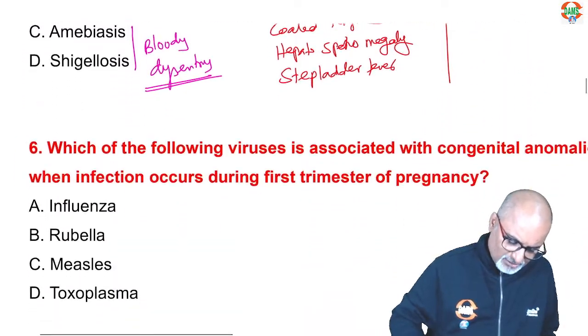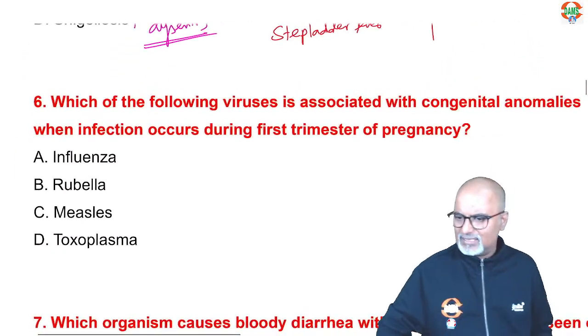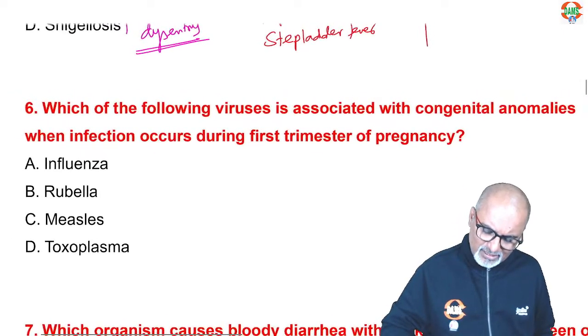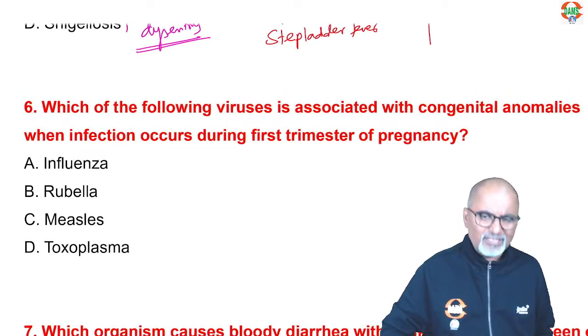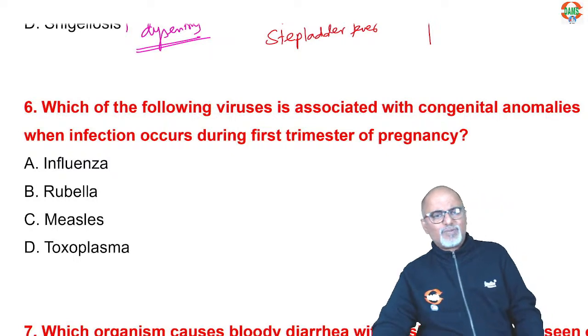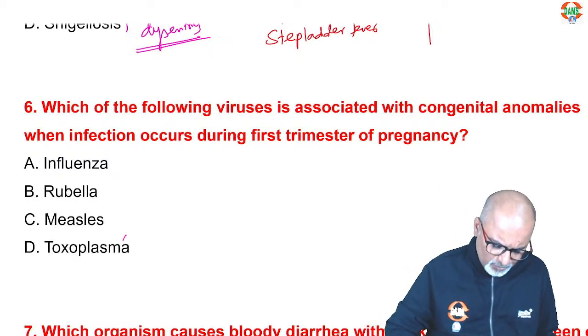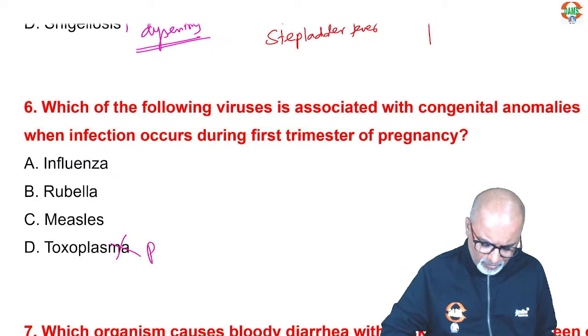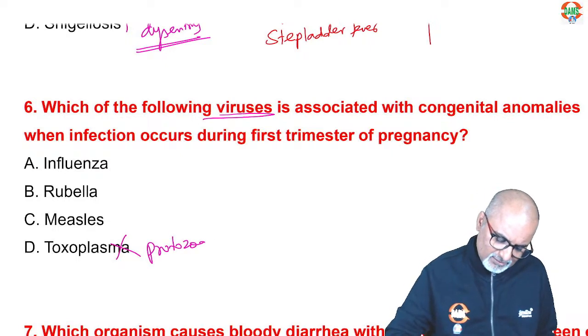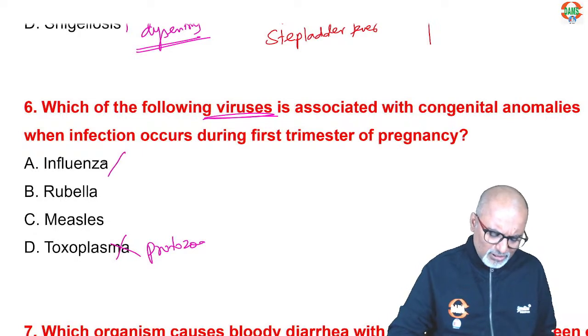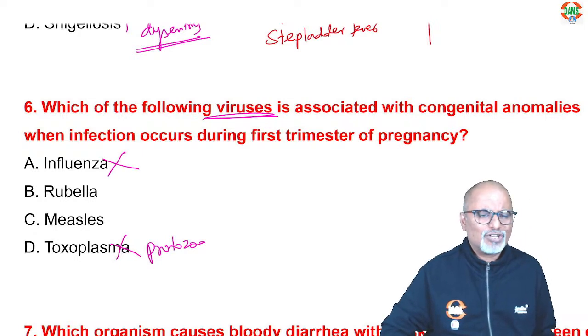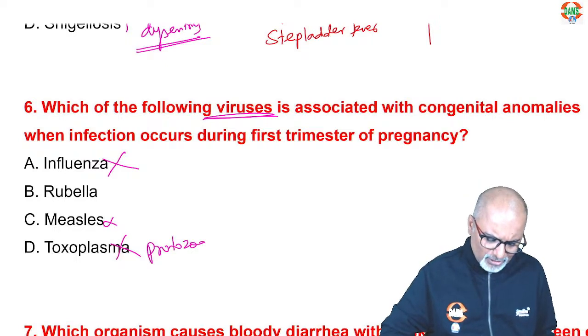Next is, which of the following viruses is associated with congenital anomalies when infection occurs in the first trimester of pregnancy? So I will remove toxoplasma, it is a protozoa. Here, virus. Influenza usually causes no congenital infections. Mainly rubella. Measles also not up to the mark.